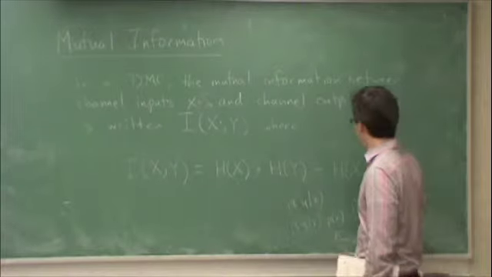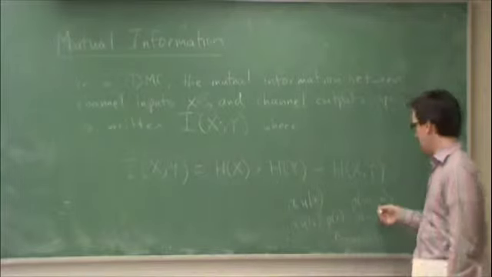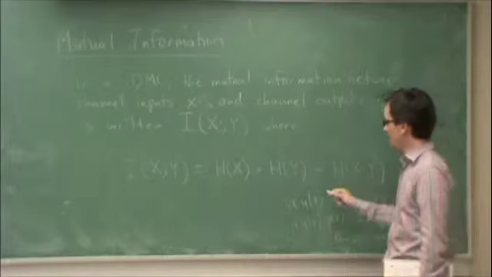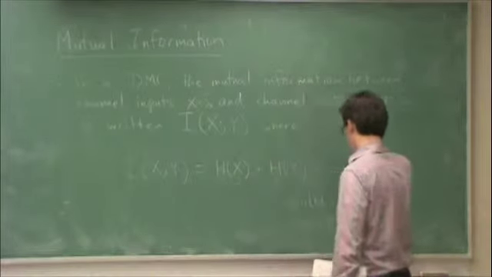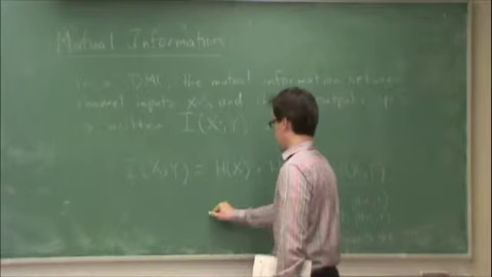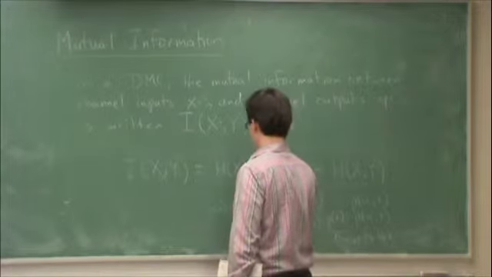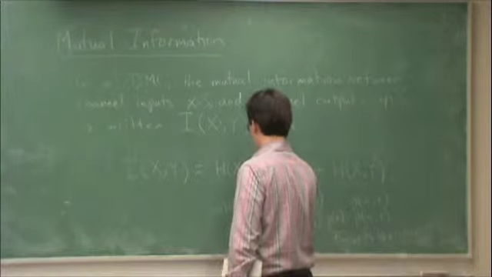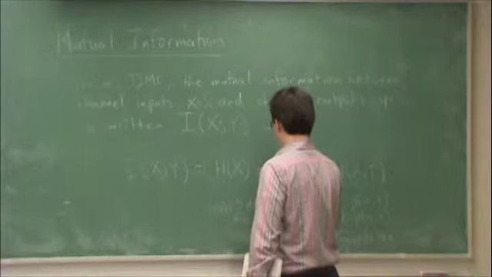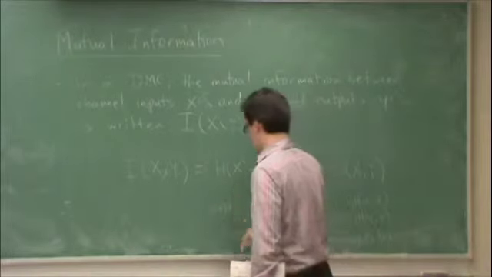So clearly, these quantities are a function of P of X. I have to explicitly use P of X to calculate this term, because in order to calculate this, I need P of Y, and P of Y is the integral, this is discrete, so it's the sum over X of P of Y given X, P of X, so that's a function of P of X, and so is this.